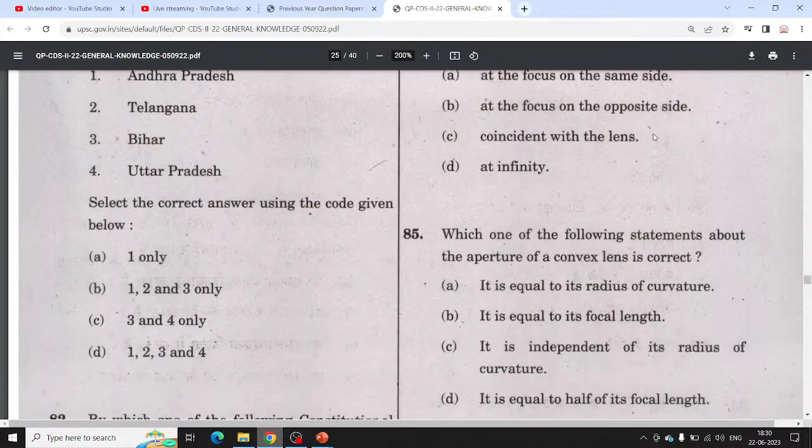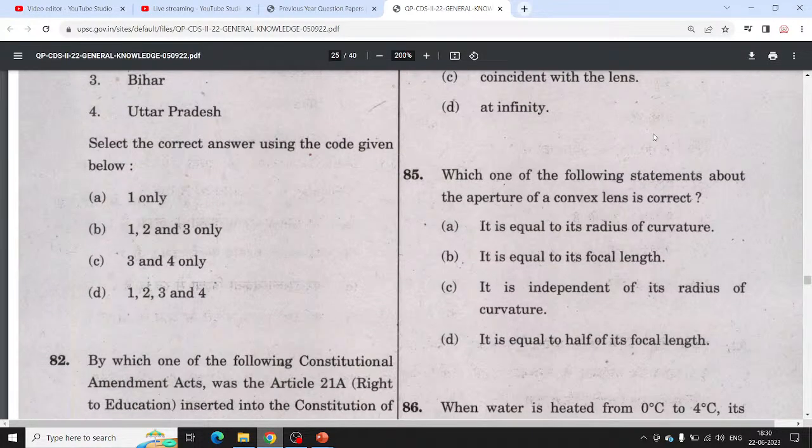Okay, question number 85, try to read it and answer. Yes, no, yes, it is less than the.